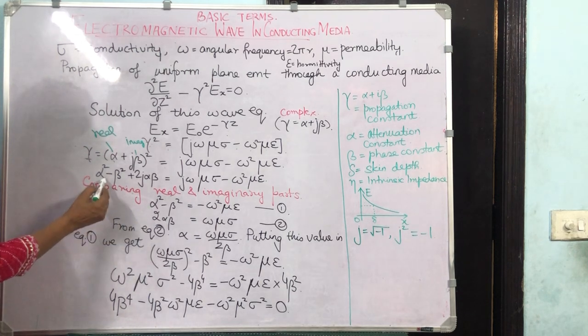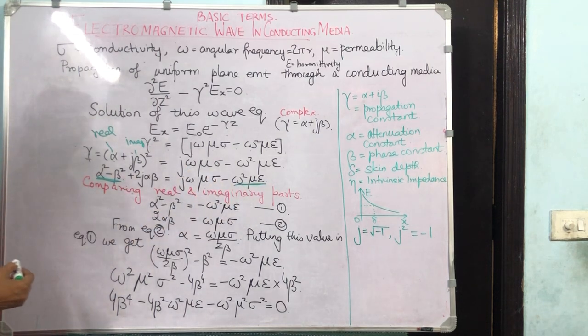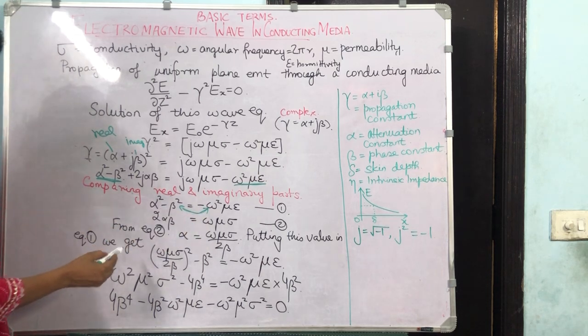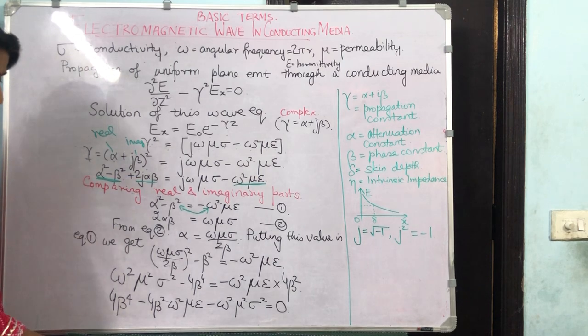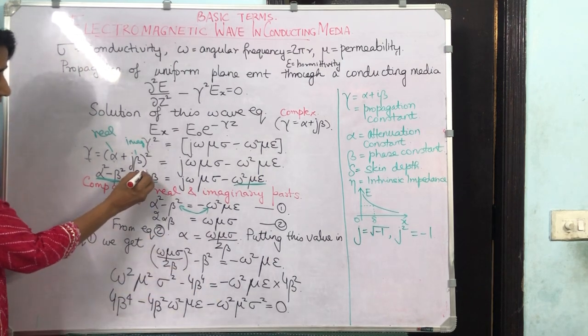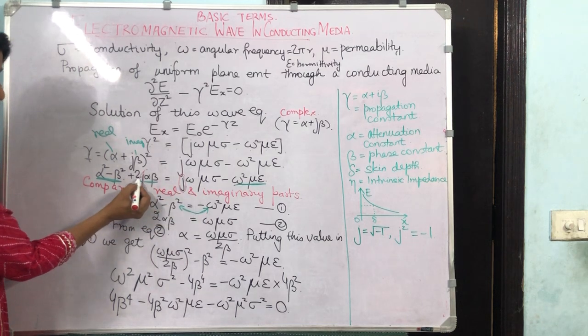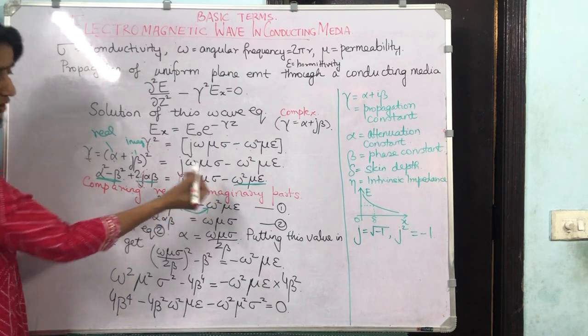So the real part: alpha squared minus beta squared is equal to minus omega squared mu epsilon, and the imaginary part, the j term: 2 alpha beta is equal to omega mu sigma.